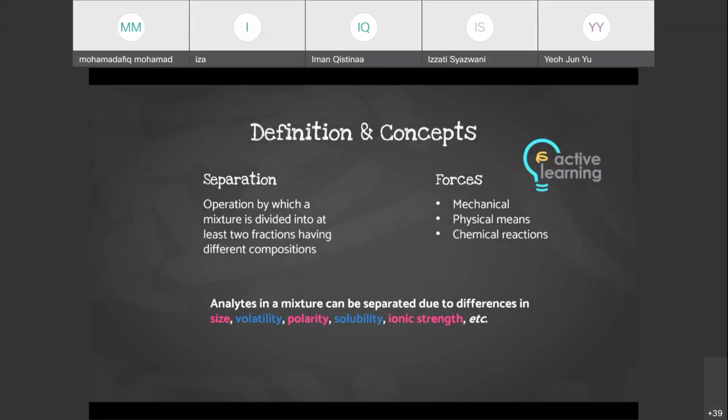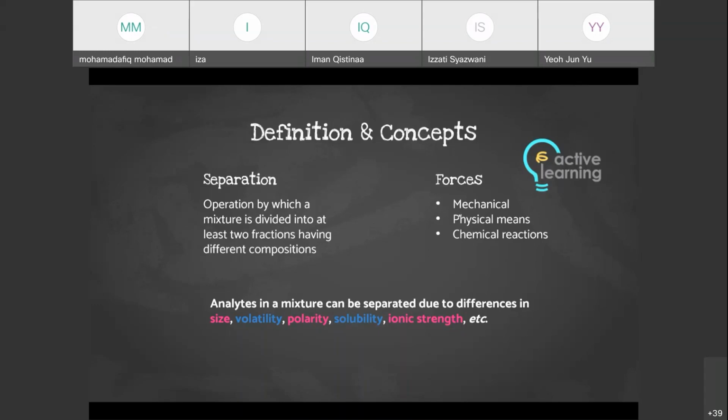Okay, operation by which a mixture is divided into at least 2 fractions having different composition. Yang ni yang panjang, yang detail lah. Kalau dia kata operation in which to separate mixture into their own components, I think it's already accepted, okay, by me. Saya rasa tak ada masalah. Okay, macam mana yang you faham dan saya faham apa yang you faham.